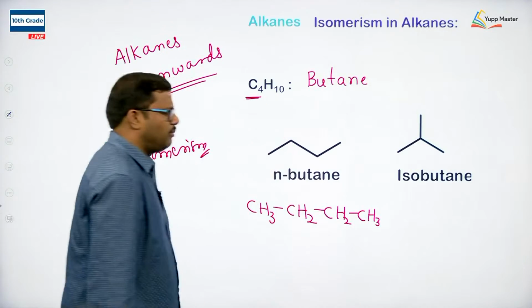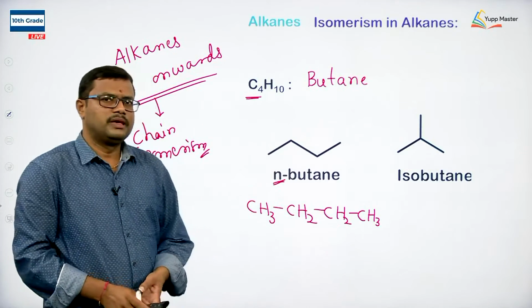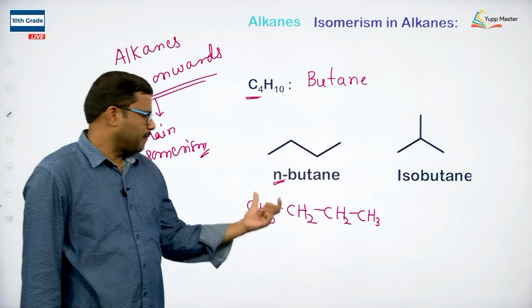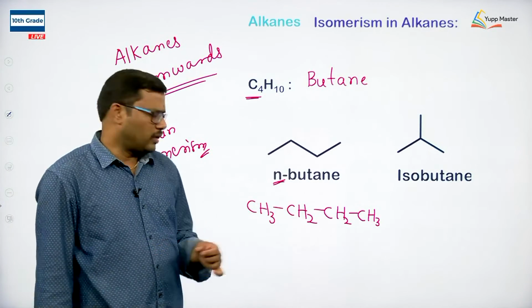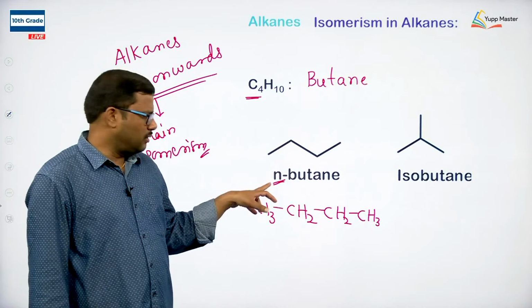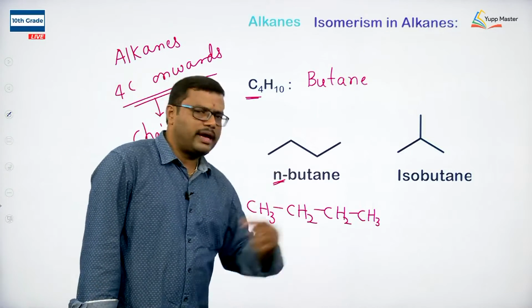So this is normal butane. We use the n prefix when carbons are arranged in a straight chain and there is no branching. Unbranched carbon chains use the n prefix. n indicates that it is a normal unbranched chain.